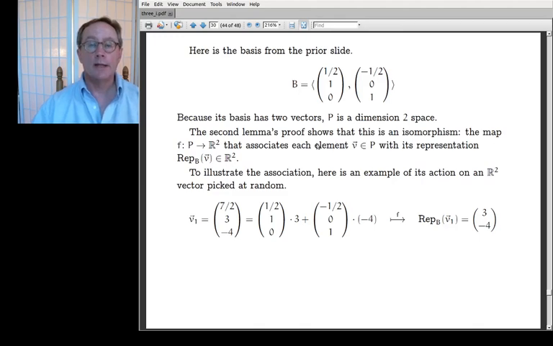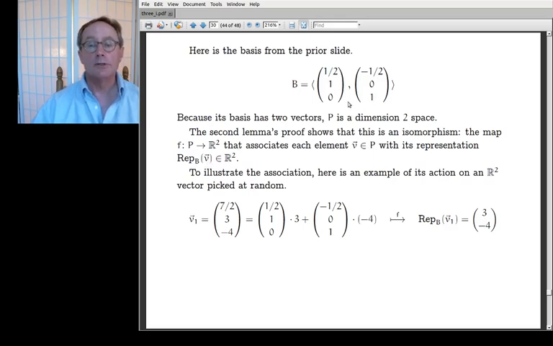All right, and then the second lemma is the proof that this explanation is really supposed to be a warm-up for. It says that the following is an isomorphism. The map that associates each element in P, each member of the plane, with its representation with respect to this basis. Remember that the representation with respect to a basis is a column vector.